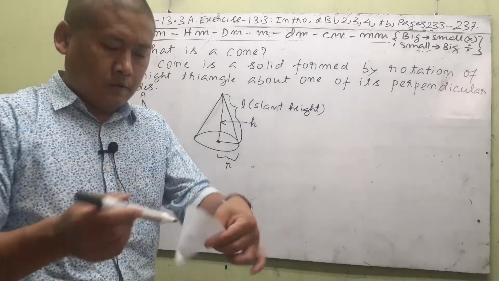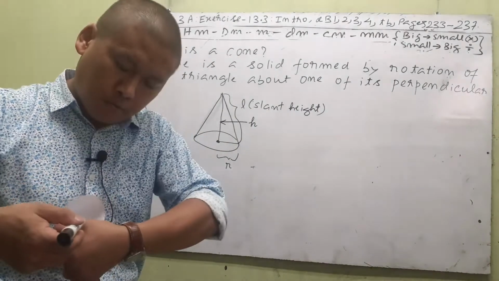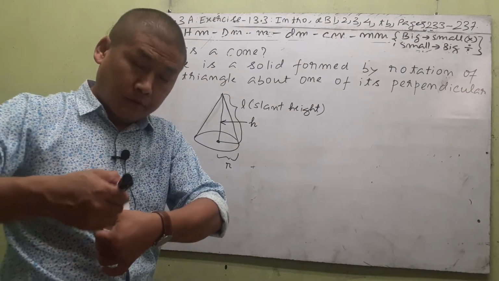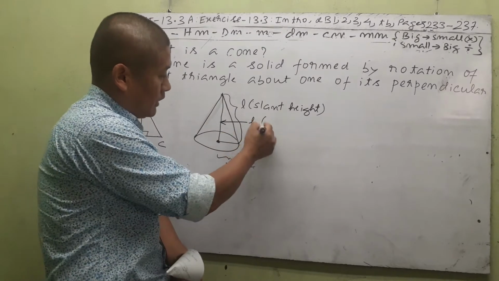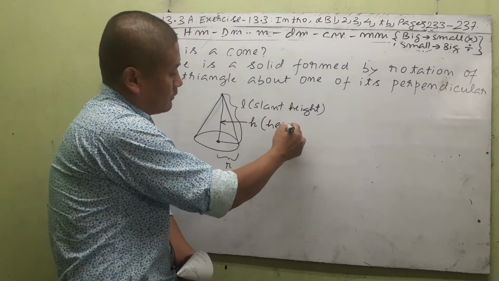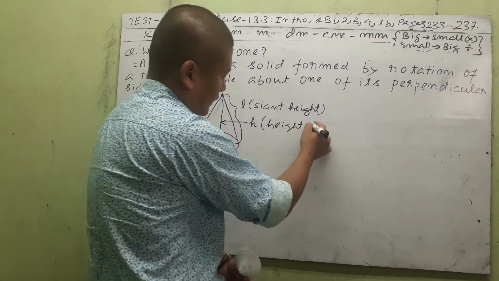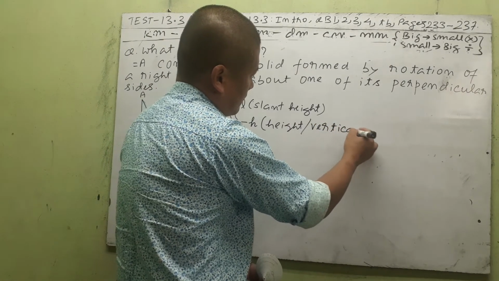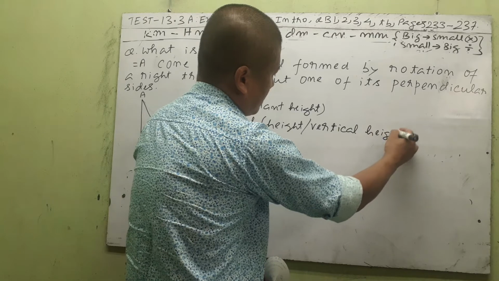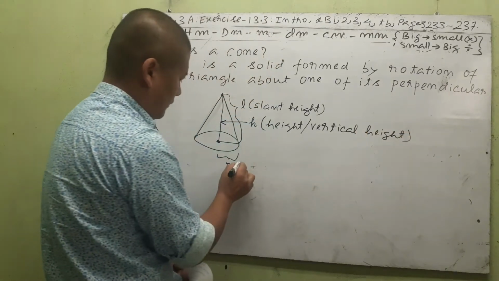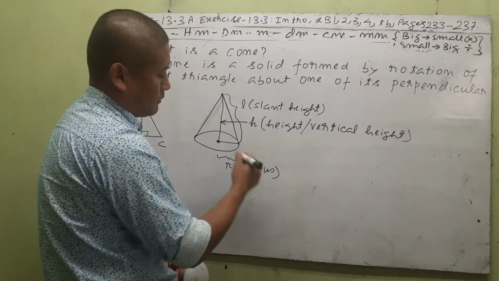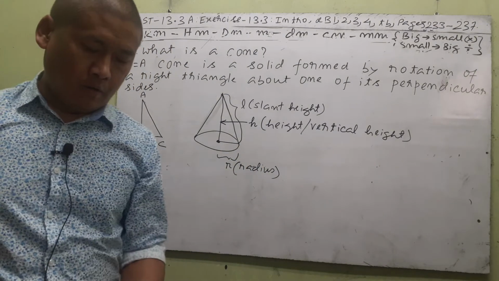Height is the distance from the sharp point, the vertex, to the center of the circular base, this vertical height or height. So this is height, or we can also call it vertical height, and this is of course the radius. Okay, so these are the 3 dimensions of a cone.